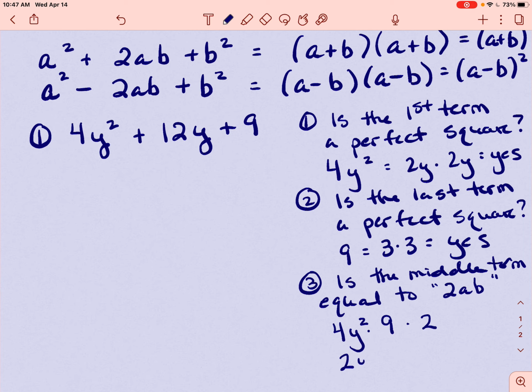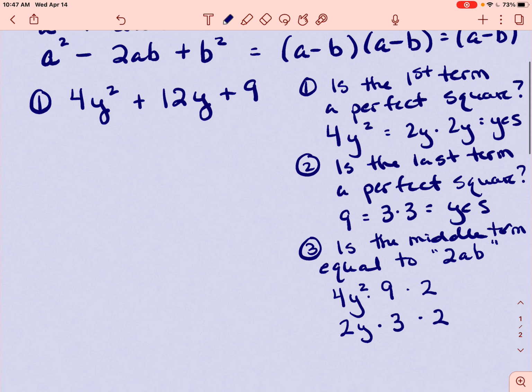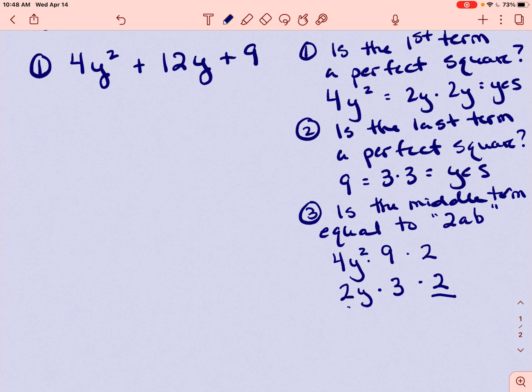We need 2y times 3 and then times 2. So that would be the 2ab. It's not 2a squared b squared, it's 2ab. And so that would be 6y, double that would be 12y. And is the middle term 12y? Yes, it is.